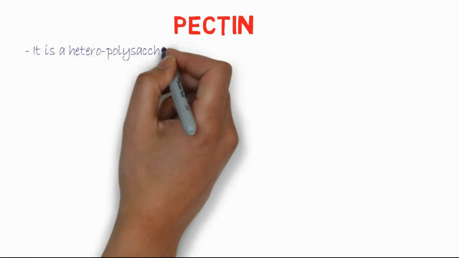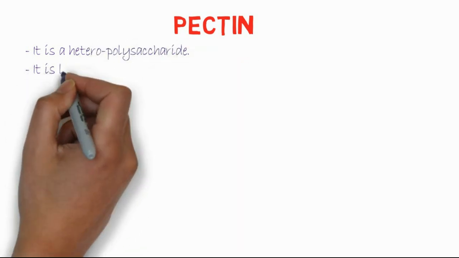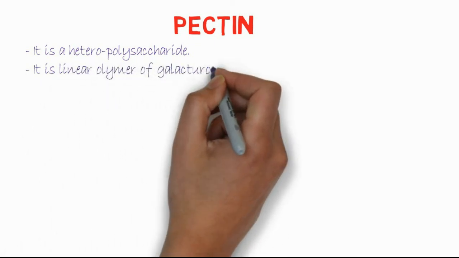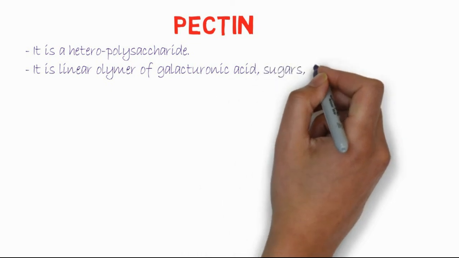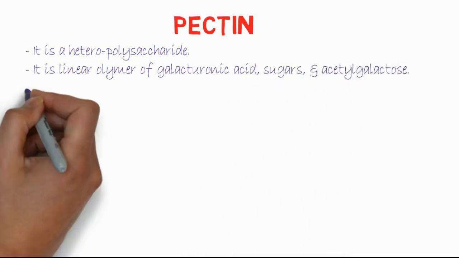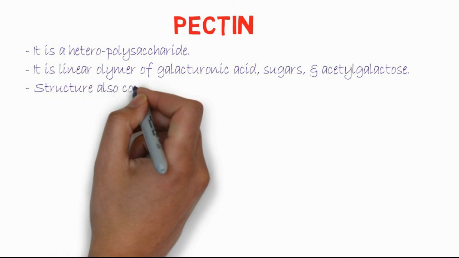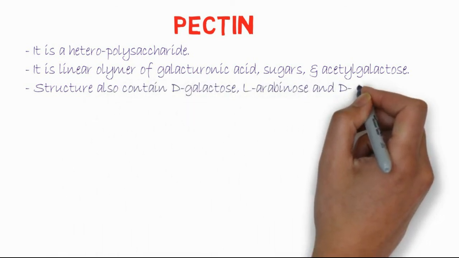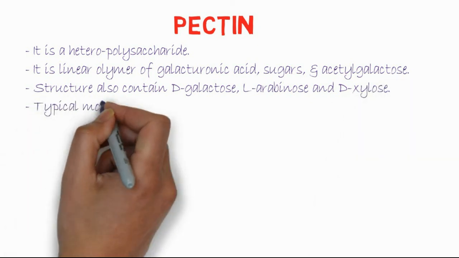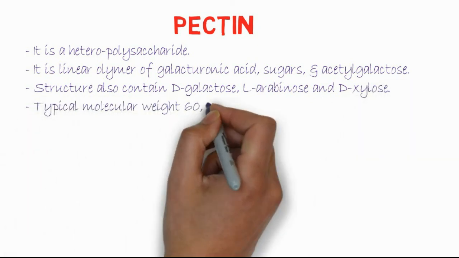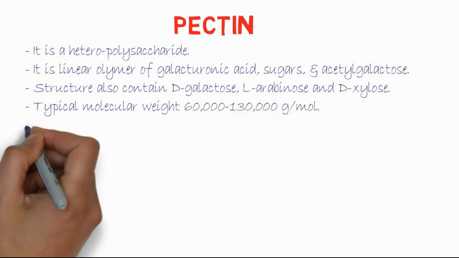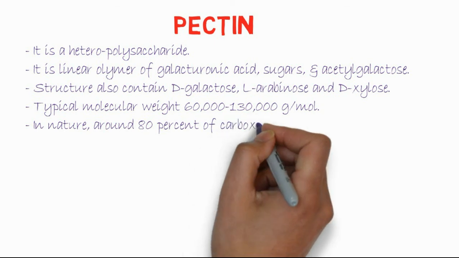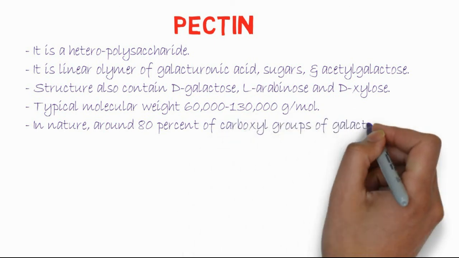The next example is pectin. Pectin is a heteropolysaccharide. It is a linear polymer of galacturonic acid, sugar, and acetyl galactose. So it has different monomers. The structure also contains galactose, arabinose, and xylose. The typical molecular weight ranges from 60,000 to 130,000 grams per mole.